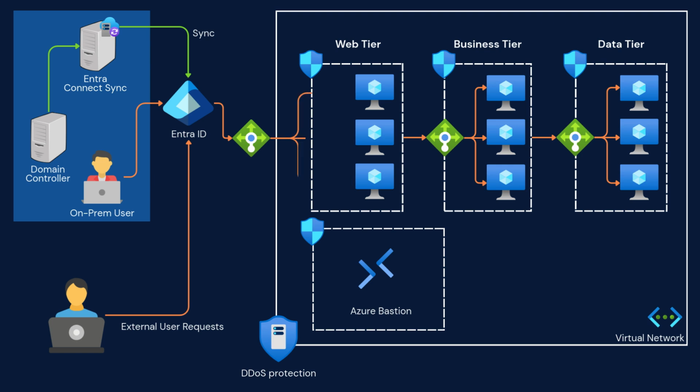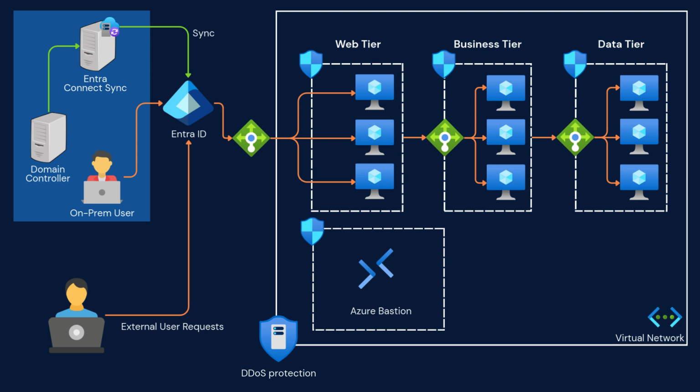From there, the traffic gets sent into the web tier, which is the public-facing part of the application. In architectures like this, the network security groups, or NSGs, are usually configured so that the web tier only accepts the kind of inbound traffic that it actually needs instead of allowing broad access from anywhere. So basically, it just allows HTTPS, for example.